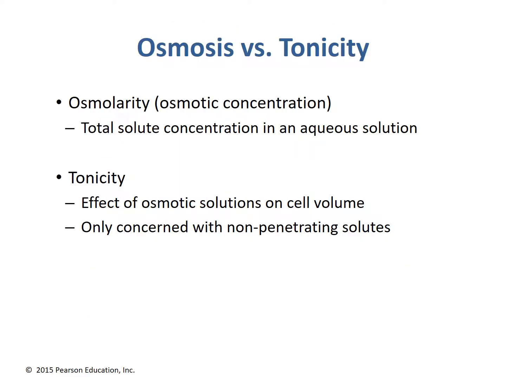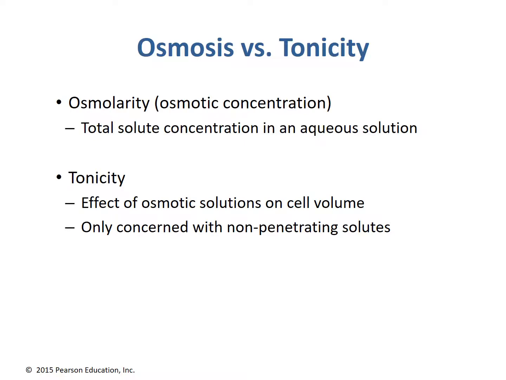When discussing the movement of water, we're looking at the osmolarity and tonicity of a given solution. Osmolarity is osmotic concentration, the total solute concentration in an aqueous solution. If it is a very highly concentrated solution, it is hyperosmotic. If it is a very low concentration solution, it is hypoosmotic.